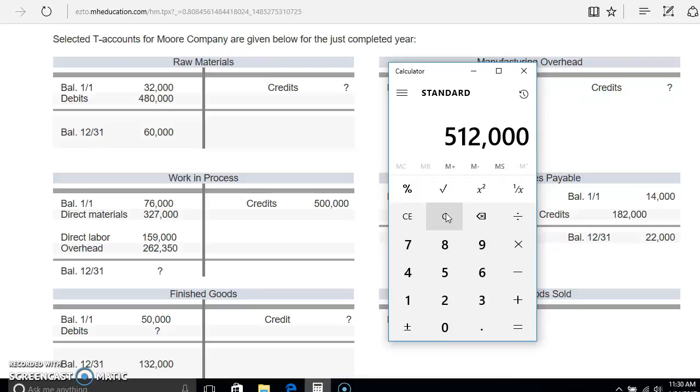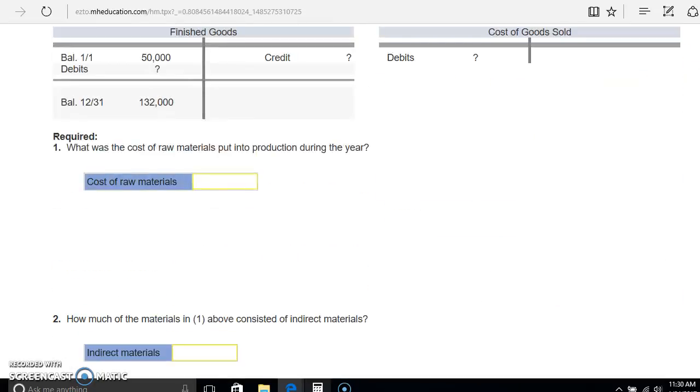So at some point during the year you had $512,000 worth of material to be used. At the end of the year somebody goes back into inventory and says, okay, we have $60,000 left. So to find out what you used, I'm just going to subtract 60,000. So we used $452,000 of raw material.